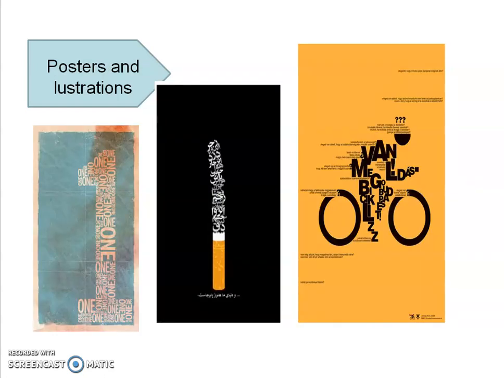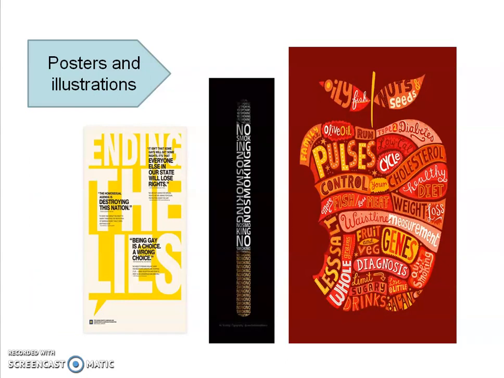Posters and illustrations. These posters are created as illustrations by using typography. Another example, posters and illustrations. These posters are also created with the help of the arrangement of typography in a pleasing layout.